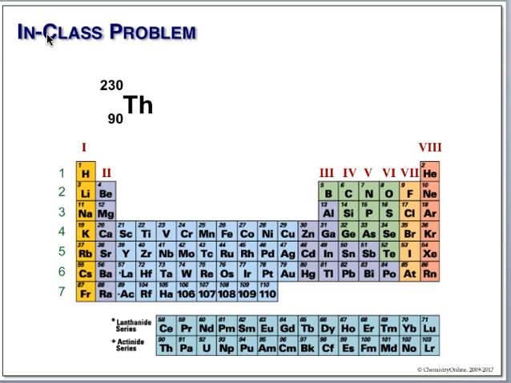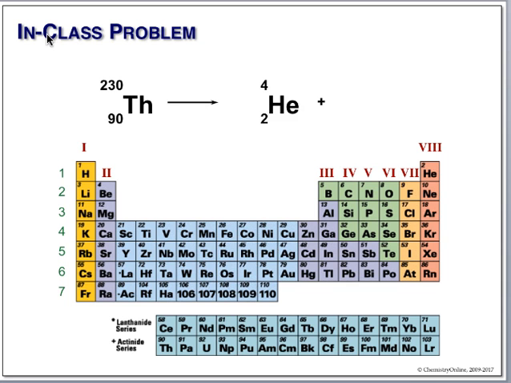This is its atomic symbol. Now we're going to lose an alpha particle. Remember, the alpha particle you can put in as the helium nucleus, 4 mass units, 2 protons. So this is going to spit out the alpha particle.